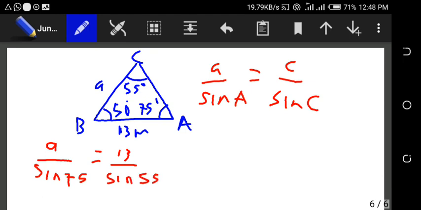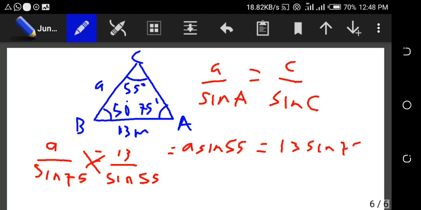So going ahead, we'll cross multiply. When we cross multiply, this will give us that a sine 55 is equal to 13 sine 75. Now note that a sine 55 means a times sine 55, while 13 sine 75 means 13 times sine 75.